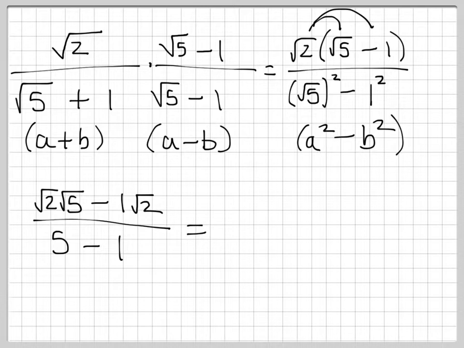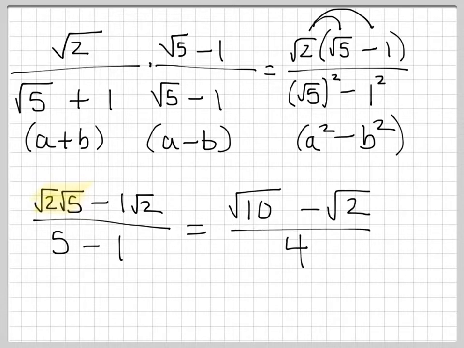Now, these two are being multiplied, so we multiply underneath, and 2 times 5 is 10, minus radical 2 all over 4. And so that's it. We can now clear out denominators by multiplying. If we have A plus B, we multiply by A minus B, and if we have A minus B, we multiply by A plus B.